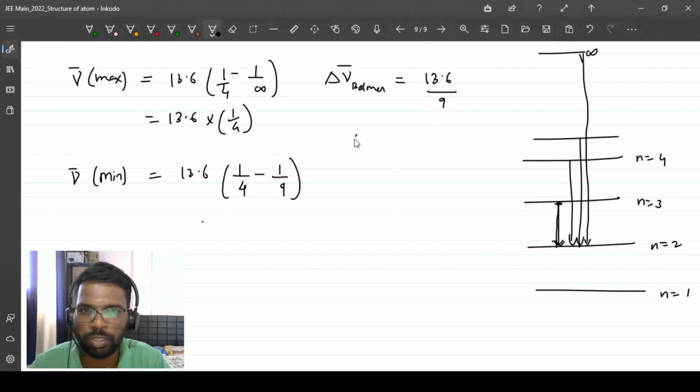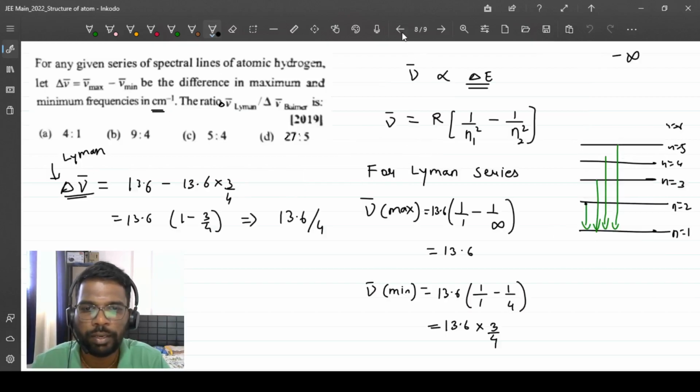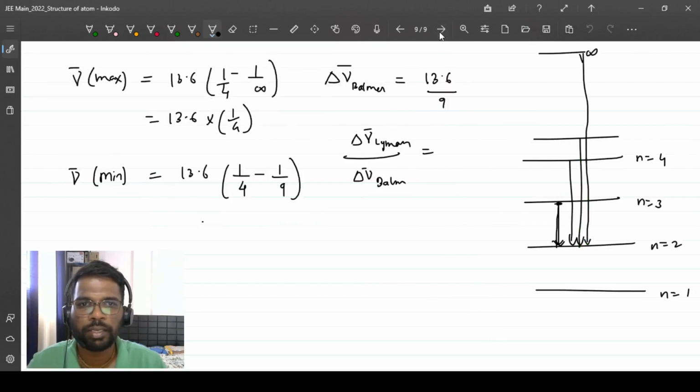So the ratio of delta nu bar of the Lyman by delta nu bar of the Balmer is what is asked. For the Lyman it was 13.6 by 4, and this is 13.6 by 9.